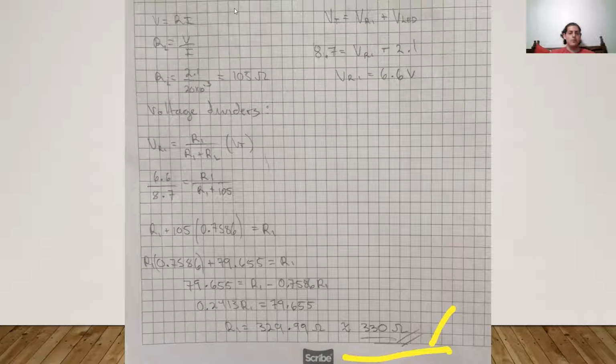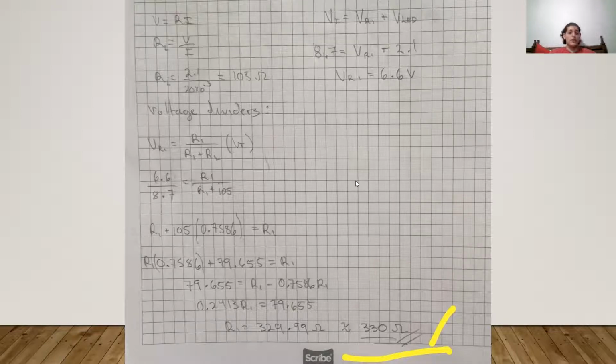Now using Ohm's law, V = IR, we can calculate the internal resistance of this LED, which is 2.1 divided by 20 times 10 to the minus 3, because the nominal current that goes through it is 20 milliamps. So the internal resistance of the LED is 105 ohms.